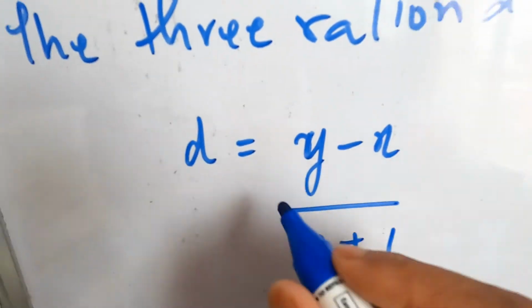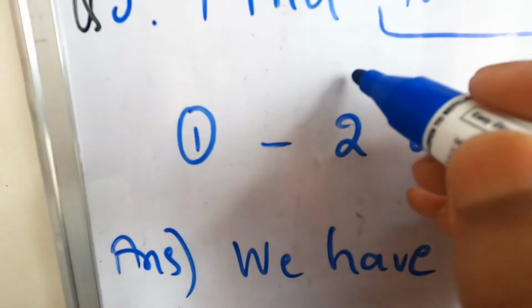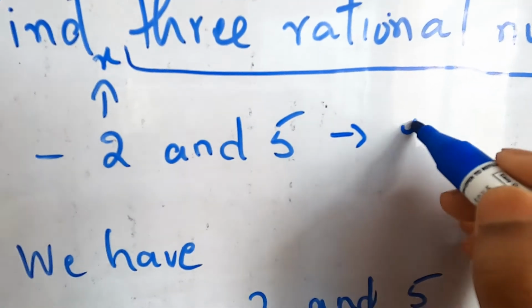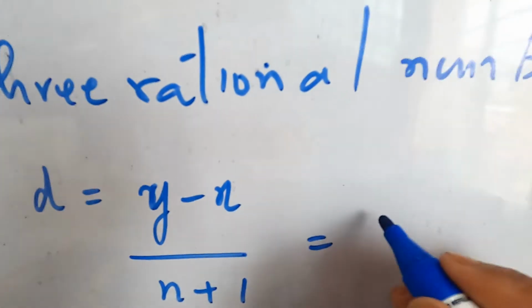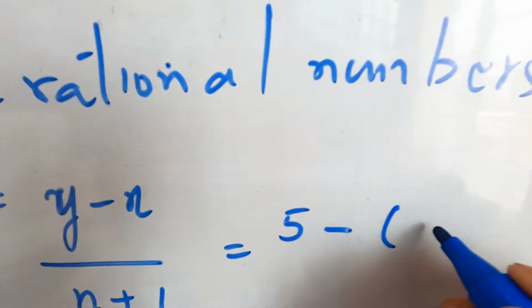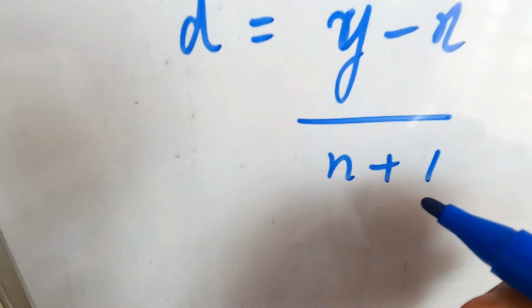All right, so in this case let us find first the value of d. So in this case minus 2 will be your x and 5 will be your y. So y will be 5 minus x will be minus 2, now divided by n plus 1.